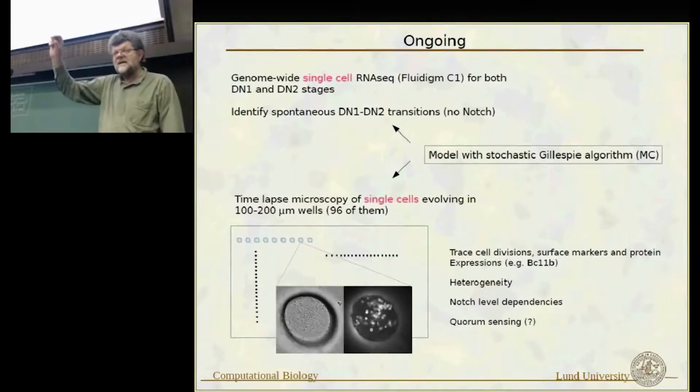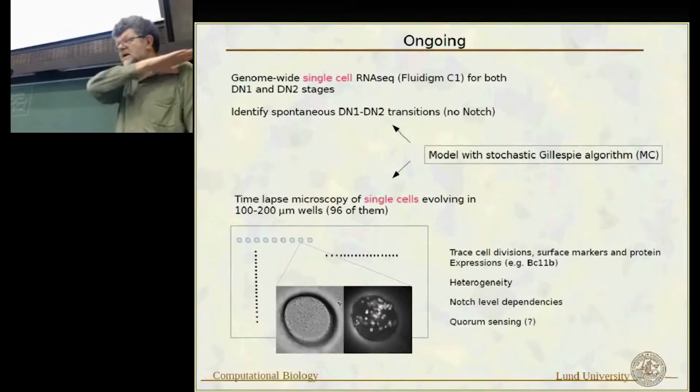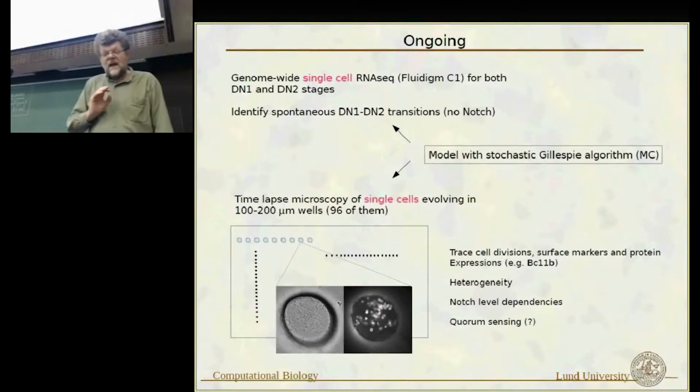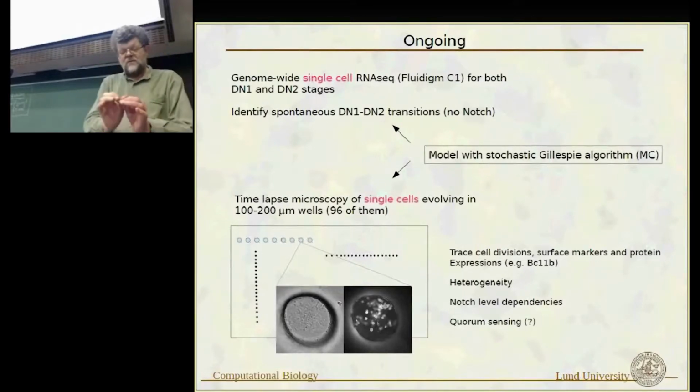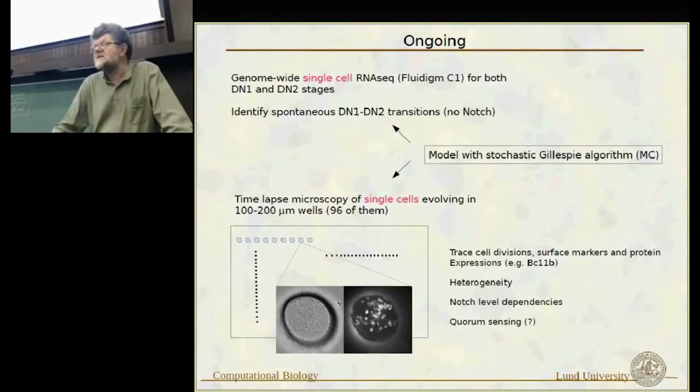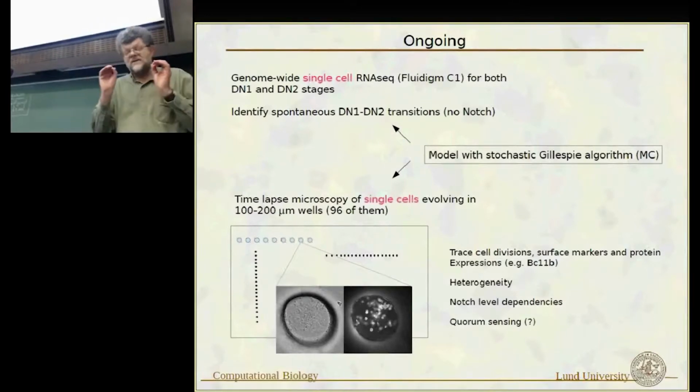We do RNA-seq on single cells with the new Fluidigm C1, where you can do genome-wide. And we use time-lapse microscopy in wells. We have 96 wells, and we investigate heterogeneity, Notch level dependency, and also quorum sensing.